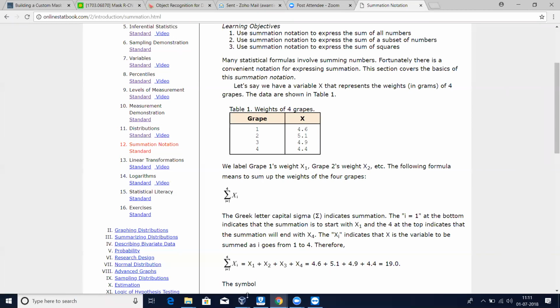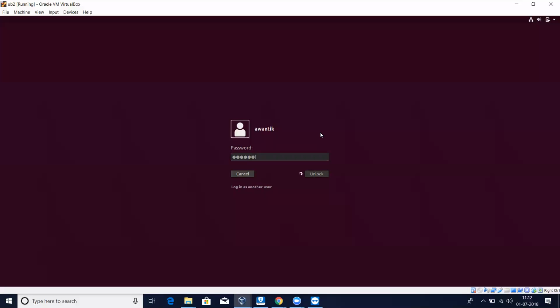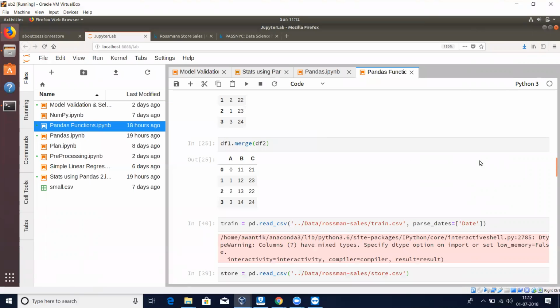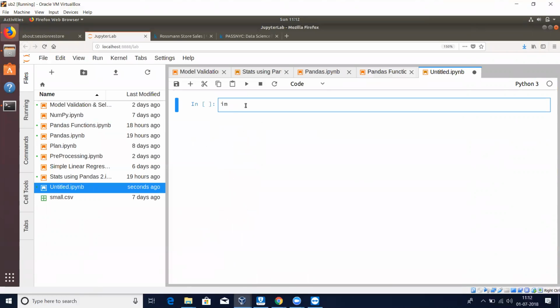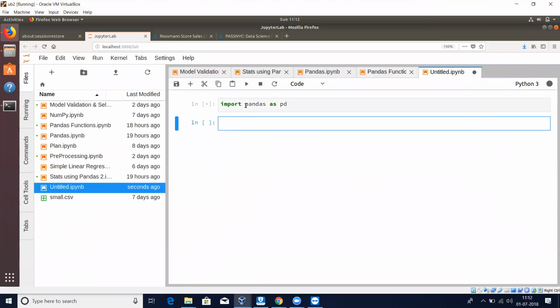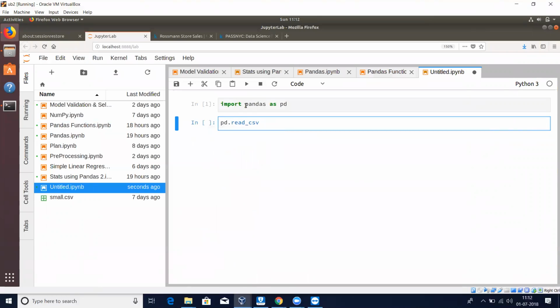Okay. Now let's go and do some pandas stuff related to the statistics part of it, the pandas. Because we can use pandas to do almost all the statistics.